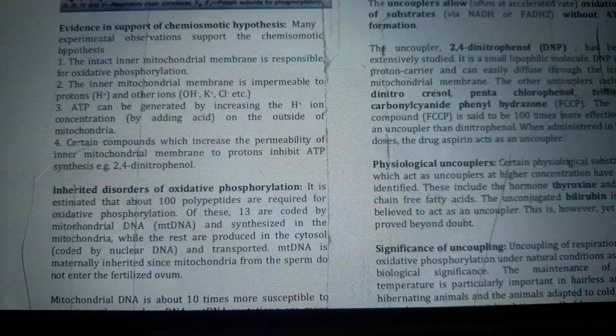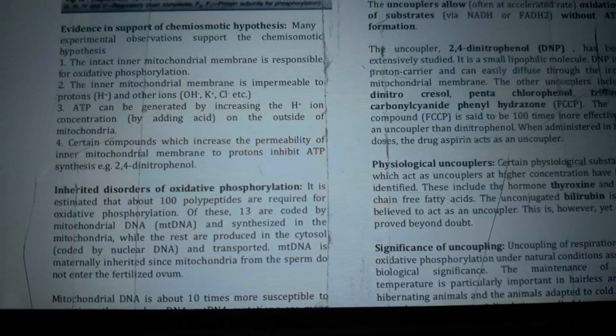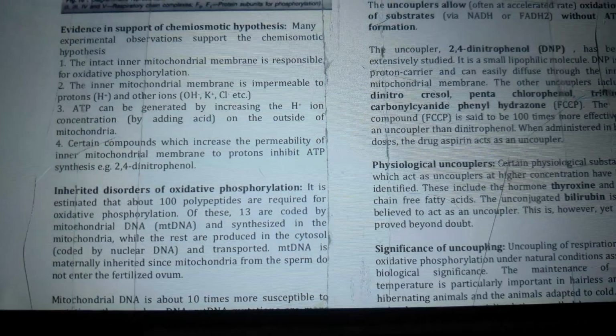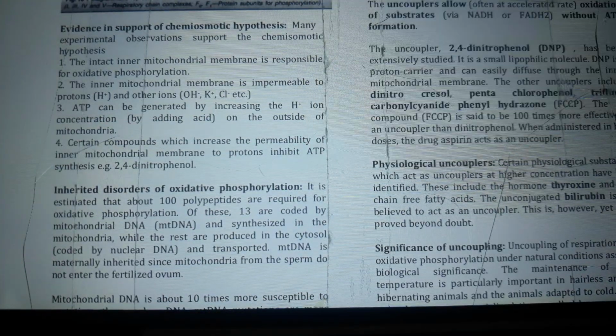ATP can be generated by increasing the hydrogen ion concentration by adding acid on the outside of mitochondria.